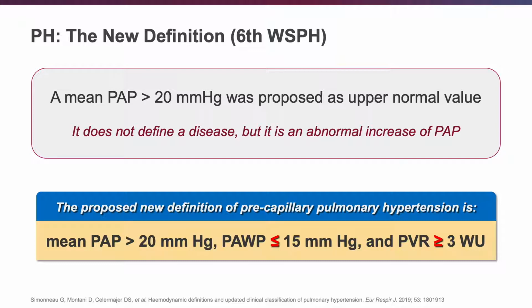Many more people will meet criteria for pulmonary hypertension now than they did in 2017. That's a mean pressure of more than 20 at rest. As I mentioned, it doesn't define disease, but it is consistent with an abnormal PA pressure. And the new definition of precapillary pulmonary hypertension includes that PA pressure more than 20 with a wedge of 15 or less and a PVR of 3 or more.